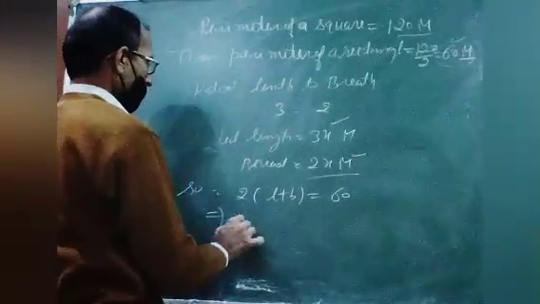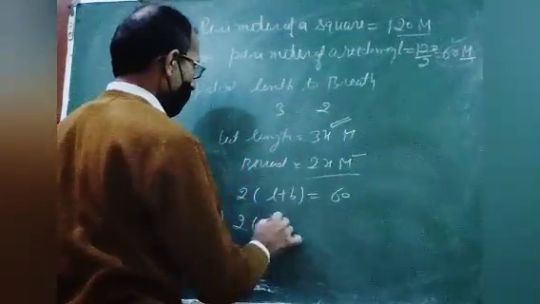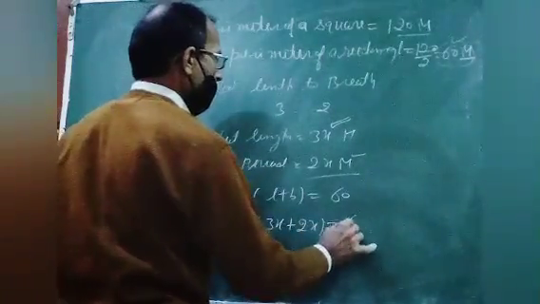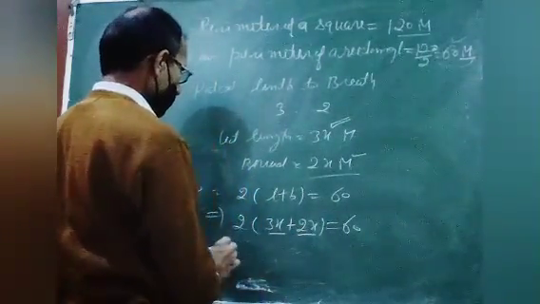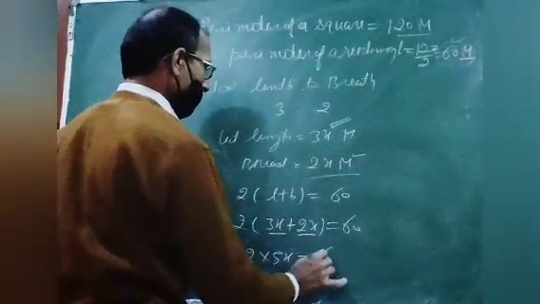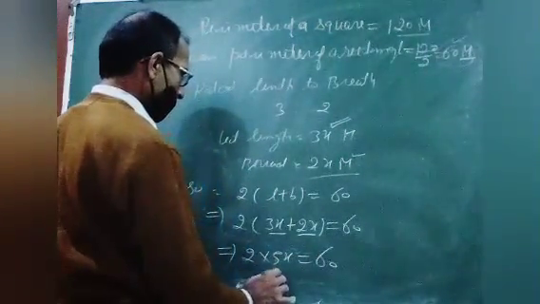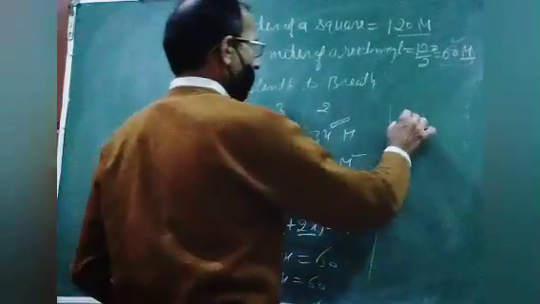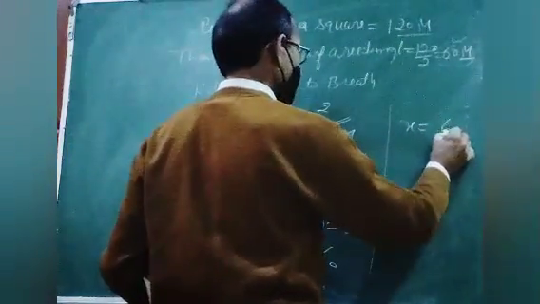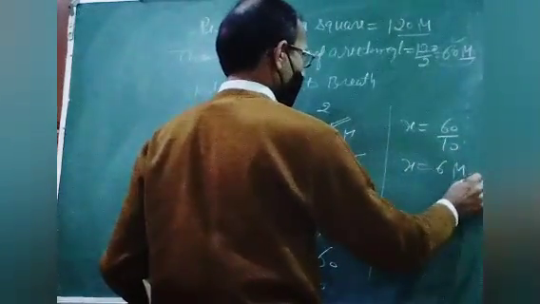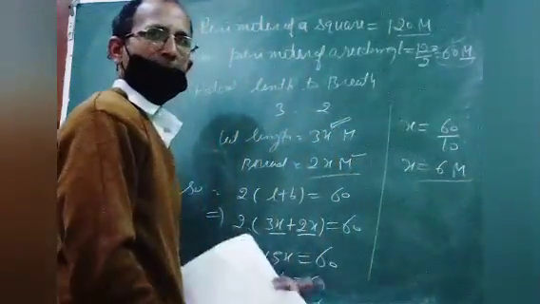Now 2 into length 3x meter and breadth 2x meter is equal to 60. 3x and 2x becomes 5x. 2 into 5 is 10x is equal to 60. Now x will be 60 by 10, so x will be 6 meter.